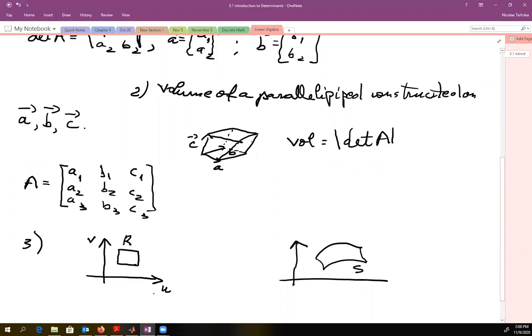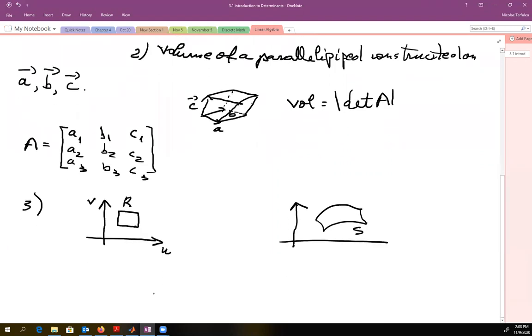And let's assume that you want the integral over S of a function f of x and y. So here is the x-axis, the y-axis, and you have a transformation, a diffeomorphism, which brings this rectangle into that region. Let's call it phi.